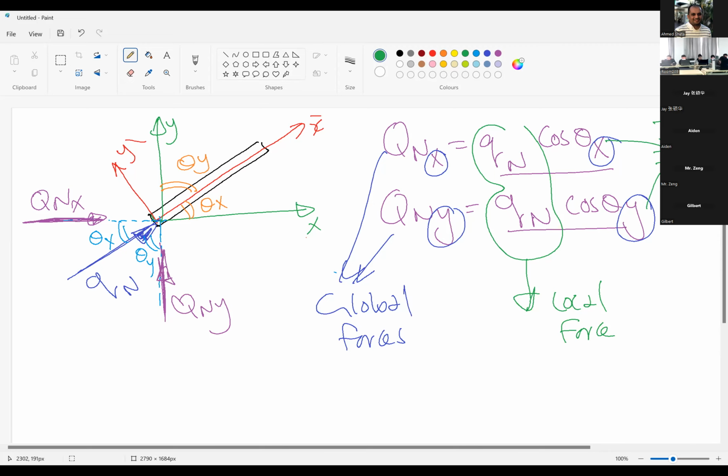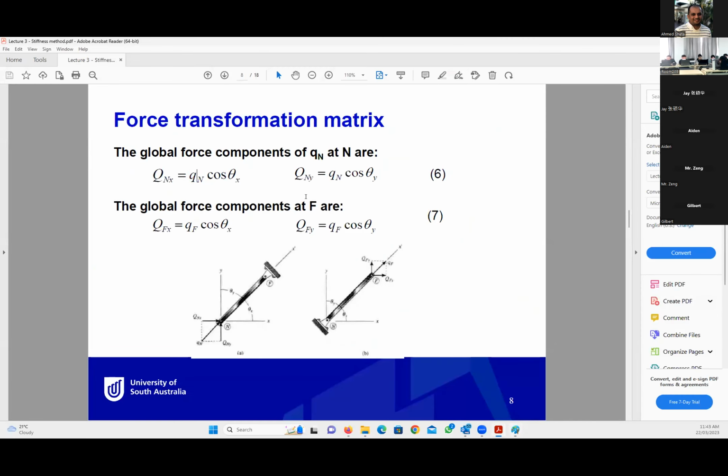Okay, so this is how to convert from local to global forces, similar to the displacement. If you have a look here, equations 6 and 7, similar idea. If we have Qf, we can find Qfy and Qfx capital.